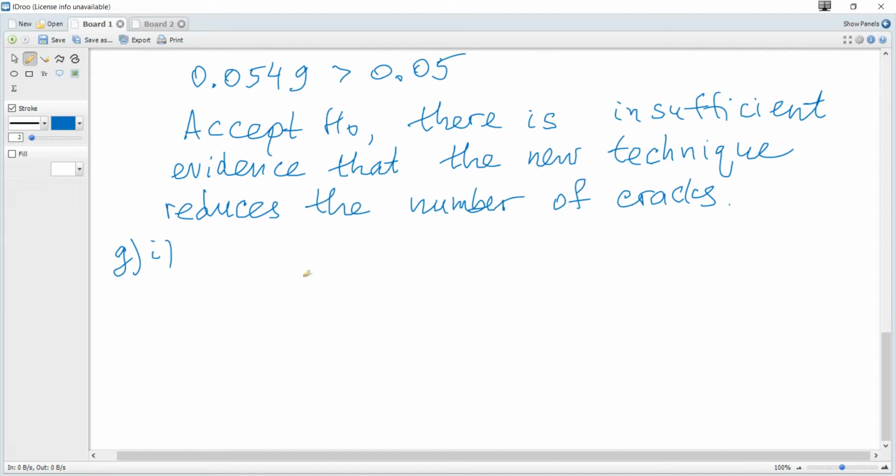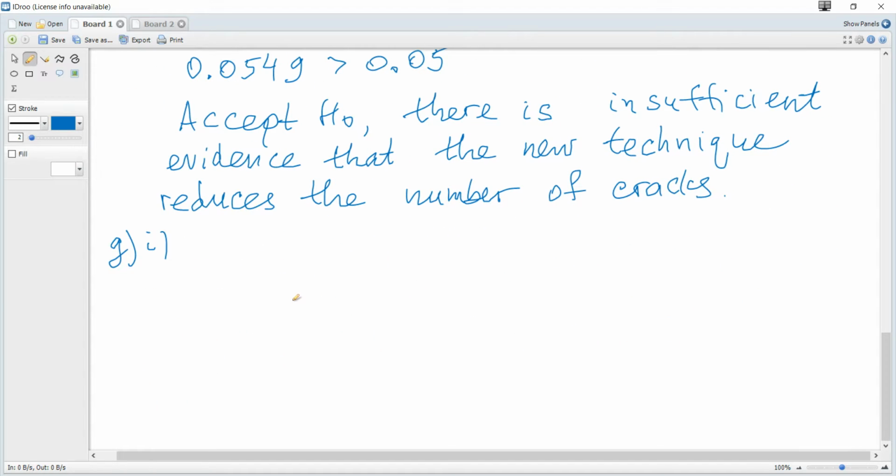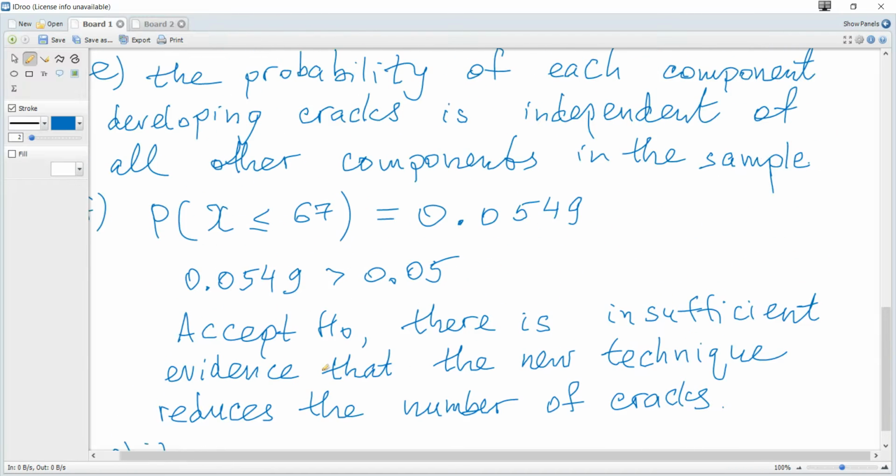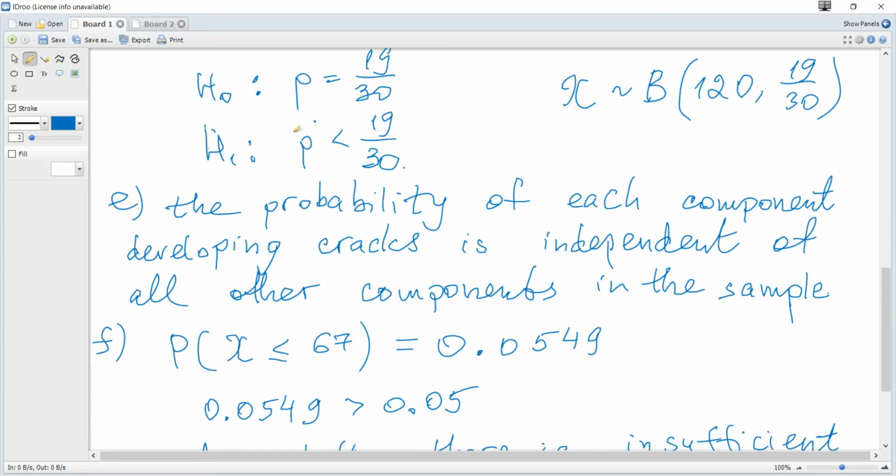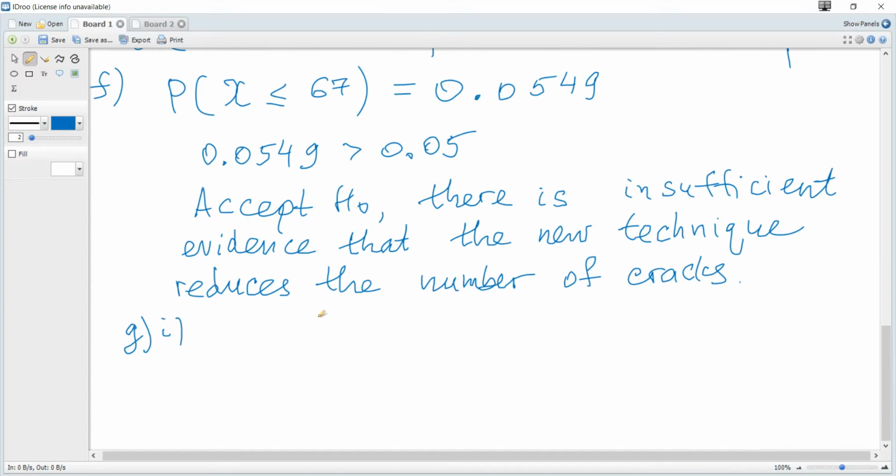It can be preferred because it's a directional test. What does it mean? It means that we test that the proportion has reduced, not in general. For independence, it's just that something is independent or not independent, and it's a benefit of this method.